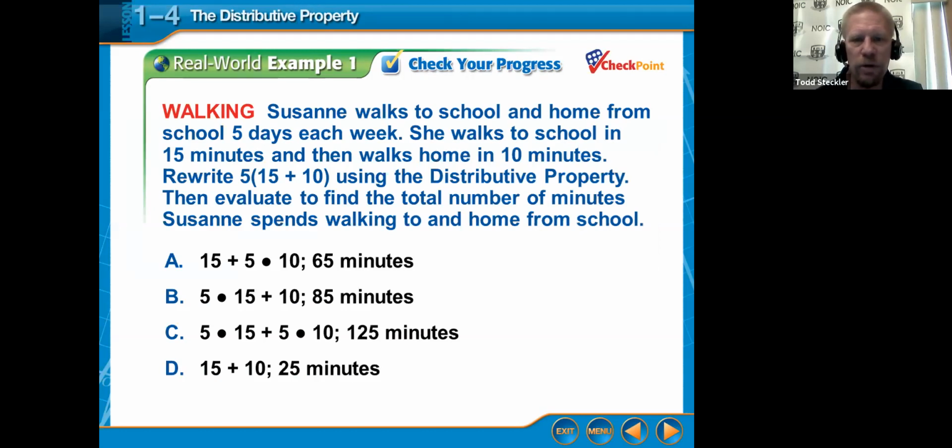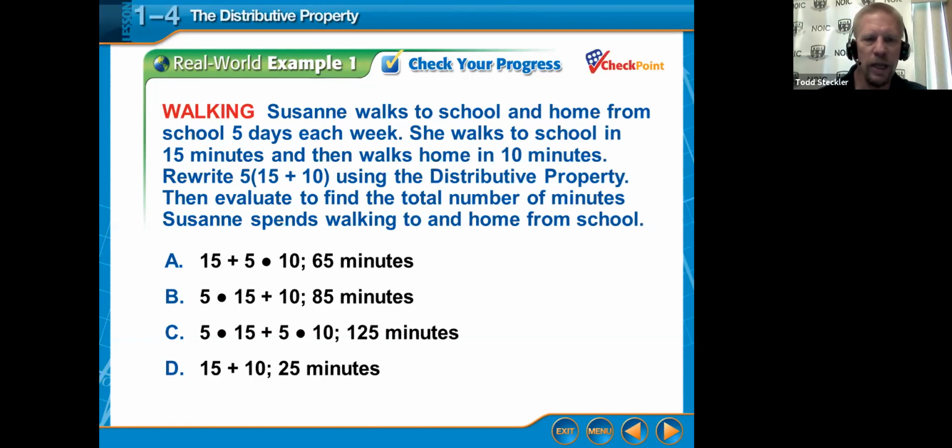So if we rewrite this, 5 because she's going to school and coming home from school 5 days a week, so 5 and then open parentheses, 15 minutes to go to school plus, and then 10 minutes to go from school to home. So if we rewrite this using the distributive property, we can take 5 times 15 plus 5 times 10.